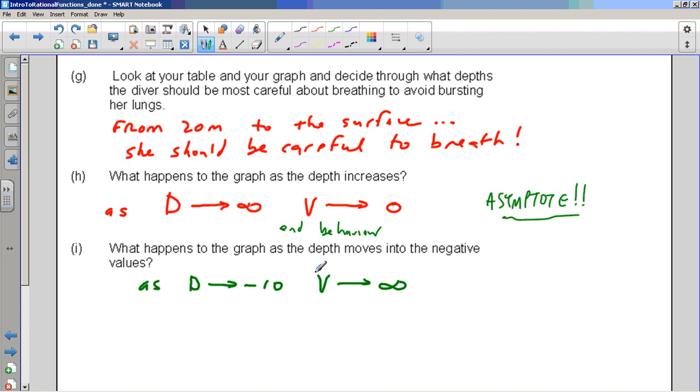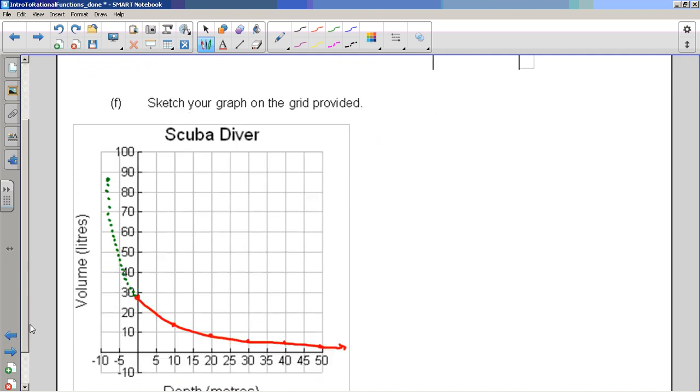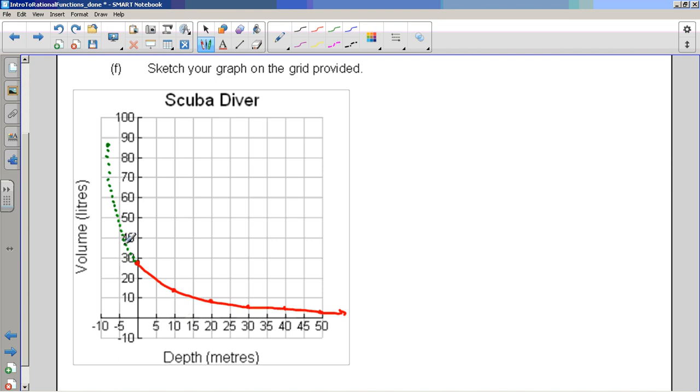What happens to the graph as the depth moves into the negative values? Well, we see that it's increasing quickly and quickly, that in fact, as if she was at the surface and then climbed a ladder, her lungs would get even bigger and bigger.